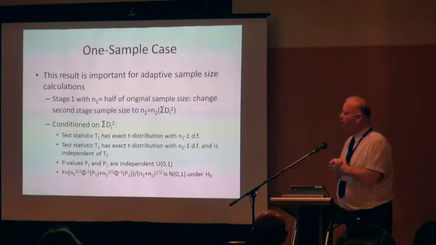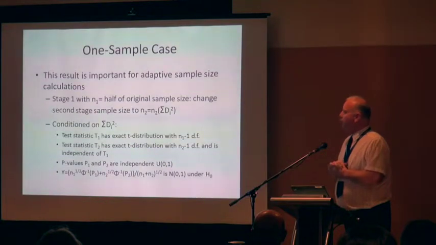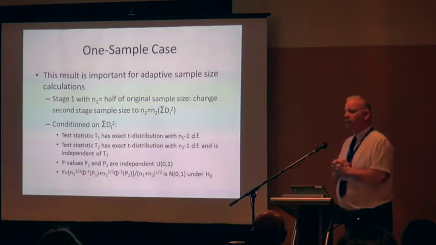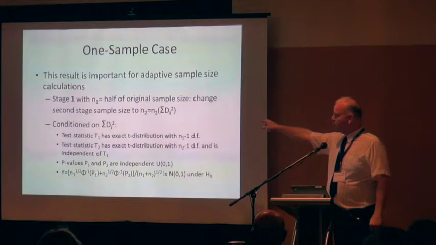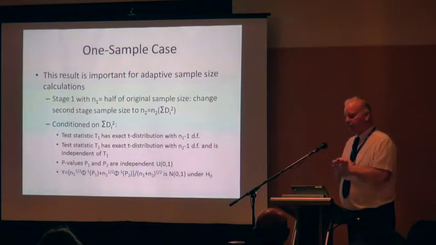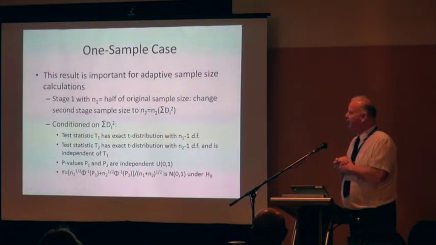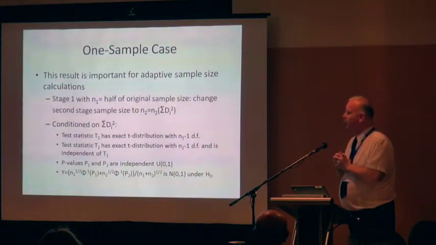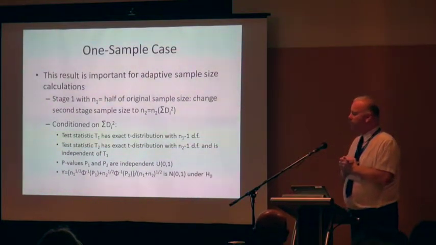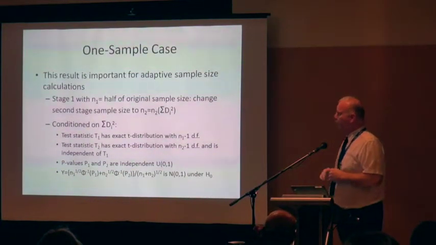And then, after you collect half of those observations, say, you are going to look at the data from the first stage, and you're going to look at the sum of the di squareds, which again is akin to a variance estimate of sorts. And then you're going to make a decision: how much do I need to increase the sample size because the variance is bigger than I thought it was going to be?